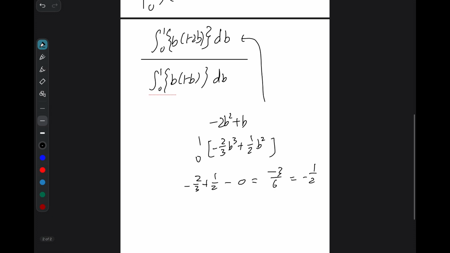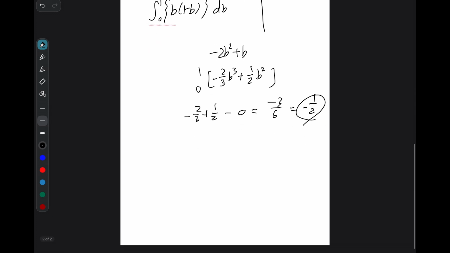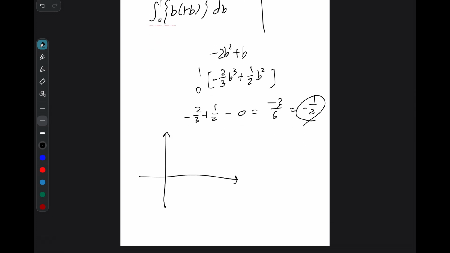Now it might seem strange because this is negative, and the reason why is because if we draw the graph of this, then it goes like this, where here is 1 over 2 and here is 1.